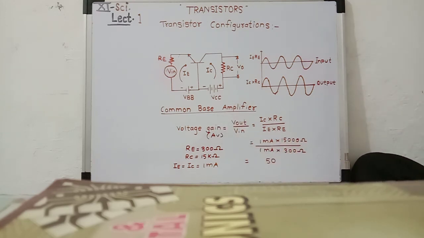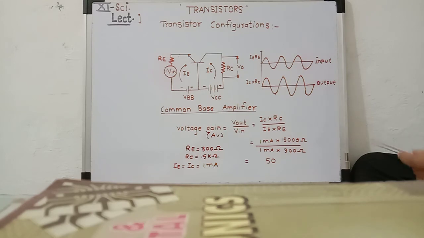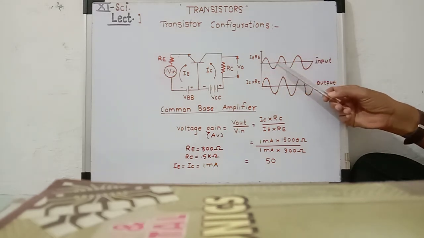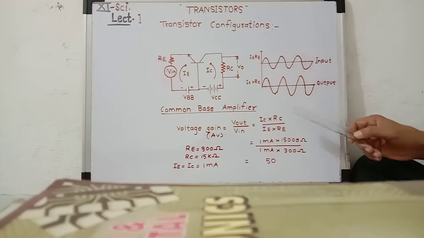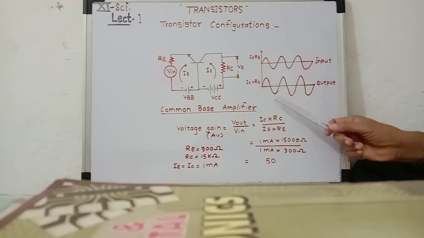So we will stop here, and these are the waveforms. The amplitude of the input signal is low, and since this is an amplifier, the output signal is high.